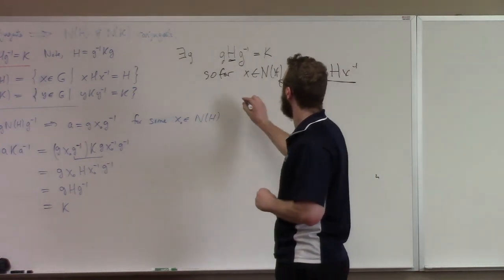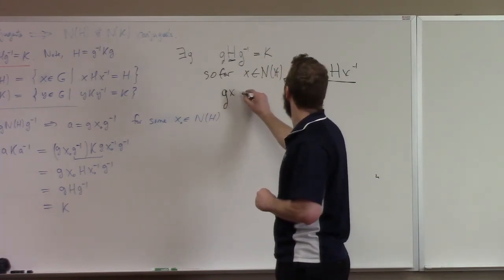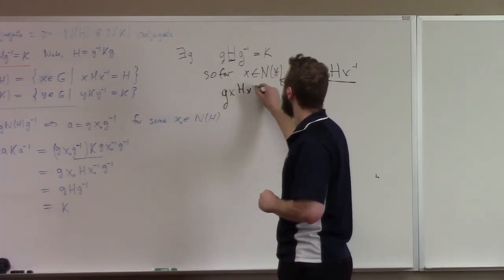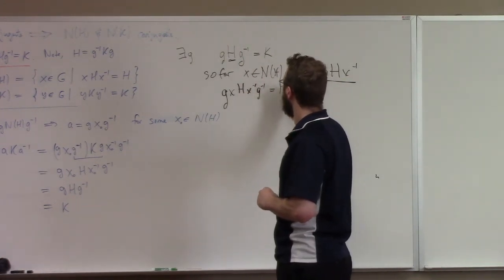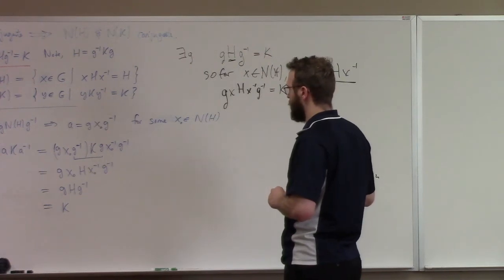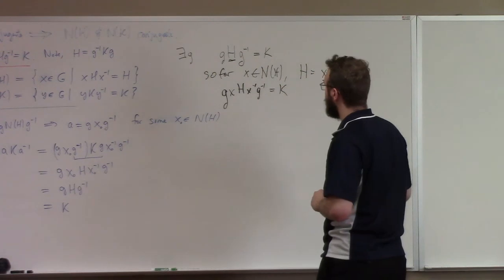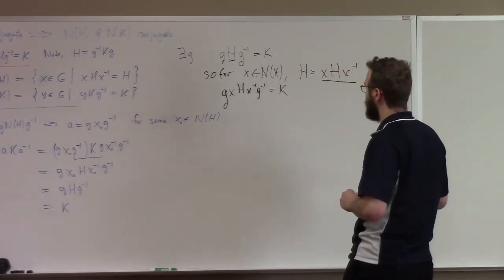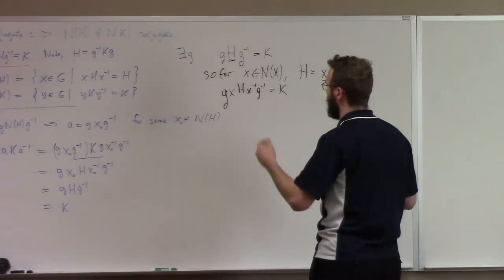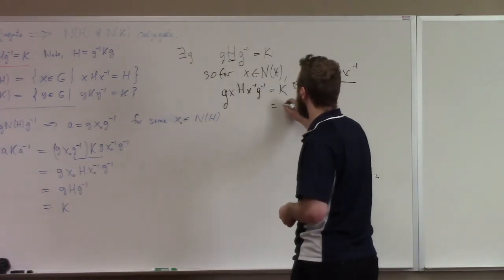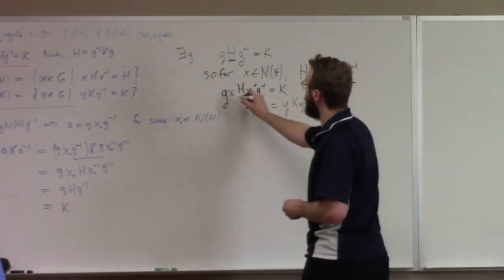Can't you just say then g x h x inverse g inverse, because it's still the same set, right? And then for the k, you're also doing a substitution there, so that's y. But overall, that's still the same.